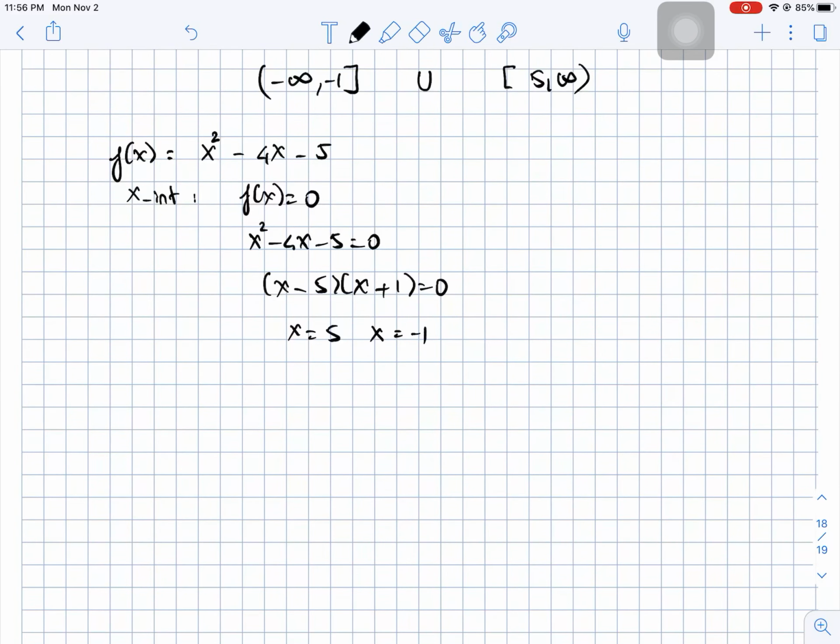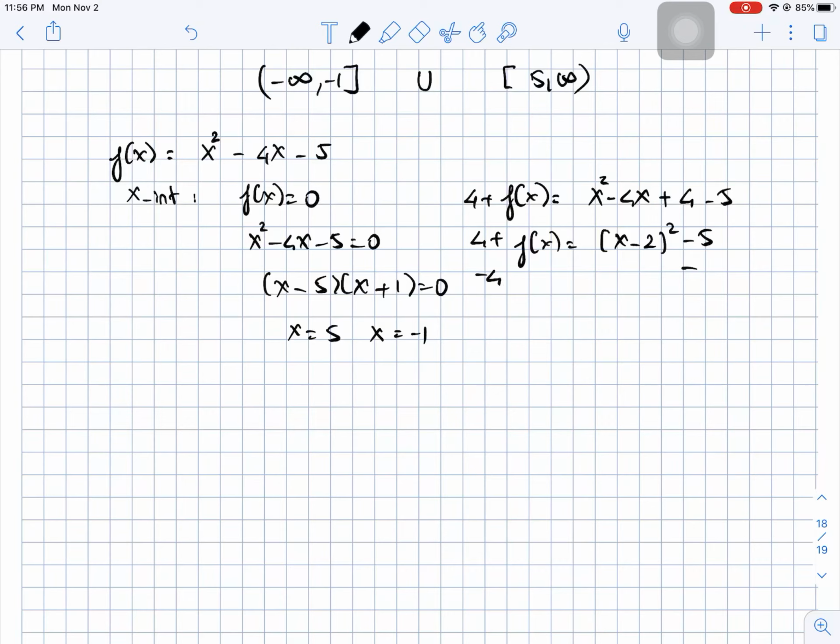The x-intercept is where y equals 0, because it is the point on the x-axis. That means f of x equal to 0: x squared minus 4x minus 5 equal to 0. We solve for this. So the x-intercepts are 5 and negative 1.